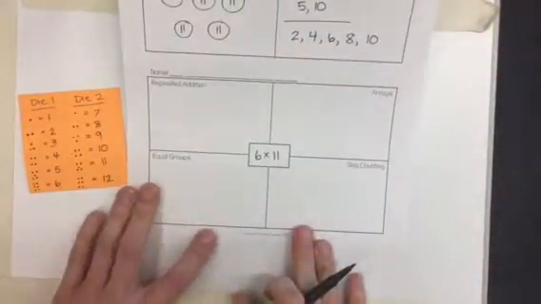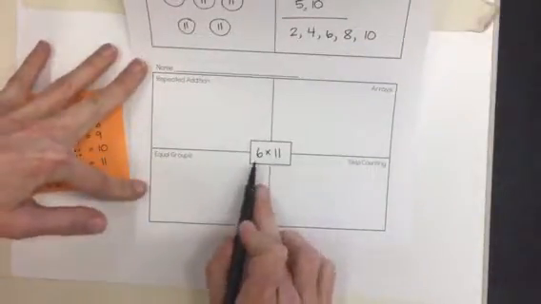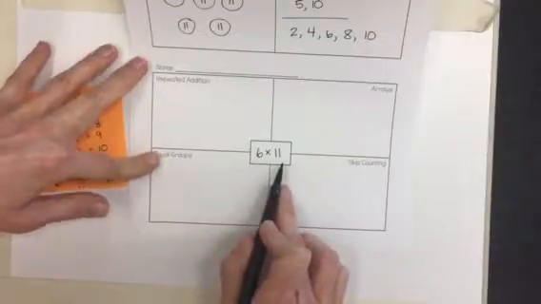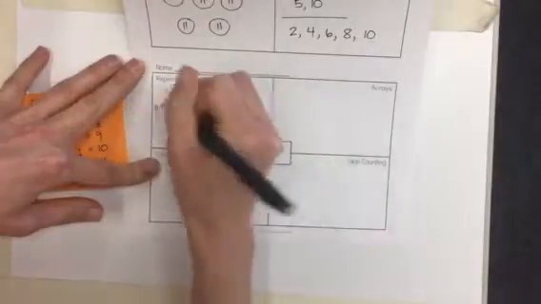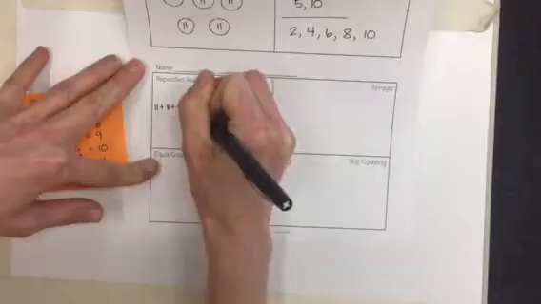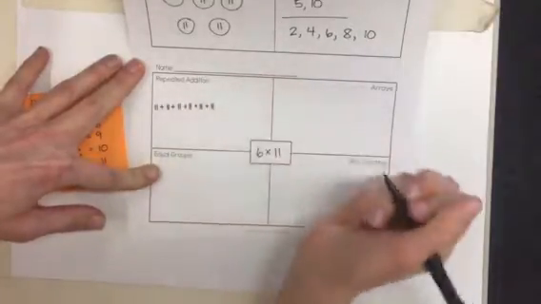All right. Well, let's do our repeated addition. To make it easier, I'm going to add 11 6 times and not the other way around, because counting 6 11 times takes longer. So I'm going to do 11 plus 11, that's 2 times, plus 11, that's 3 times, plus 11 is 4 times, plus 11 is 5, and plus 11 is 6 times.